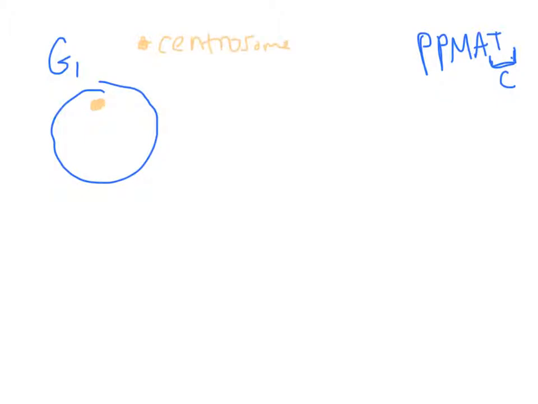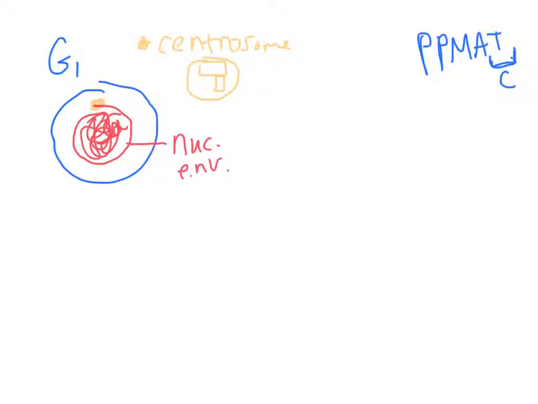The centrosomes are the collection of proteins, and in animal cells, these two centrioles, they're at a right angle to each other, so those are in the centrosome. So there's one of them. We have a nuclear envelope in the cell, and then we have DNA inside the cell, which is all uncoiled. So this is the nuclear envelope.